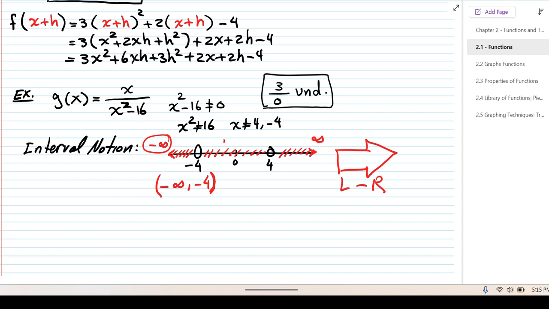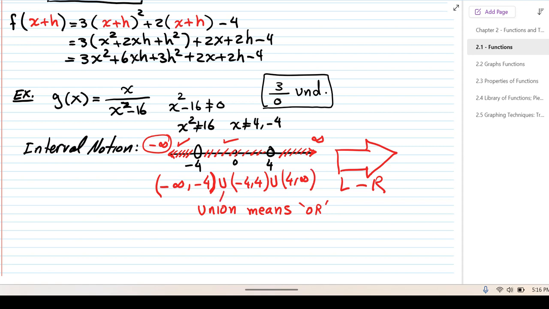And then we're good between negative 4 and 4, so we're going to use a union symbol. This U stands for union, and it literally means or. So what we're saying is the solution is in the lower part, or it could be in the middle part, stretching from negative 4 to 4, or it could be on the right side, anywhere from 4 to infinity.